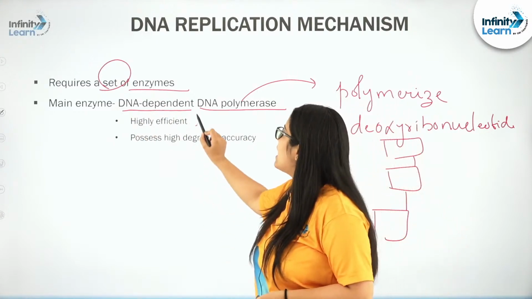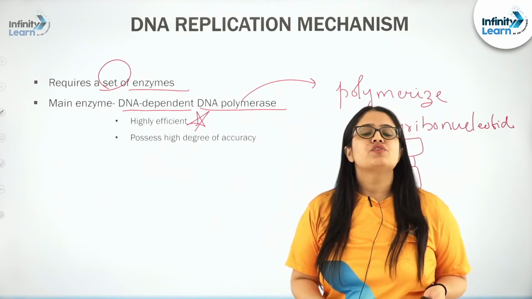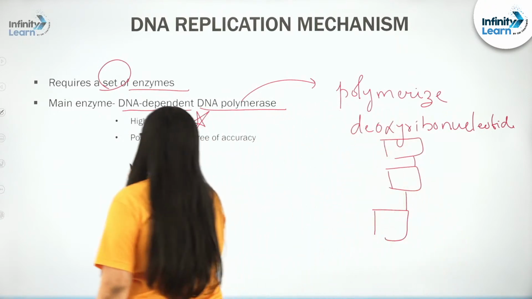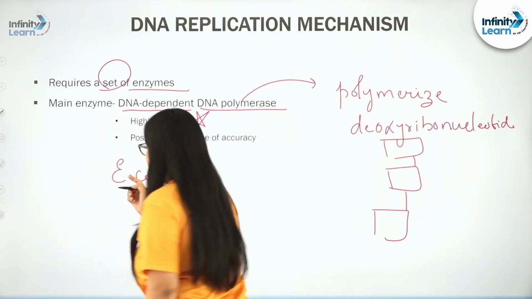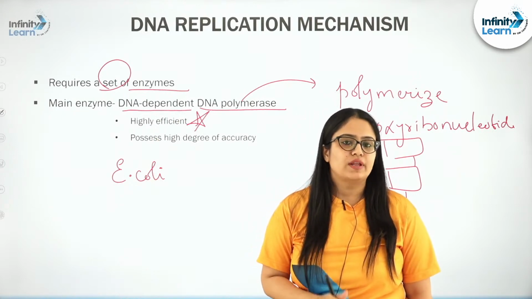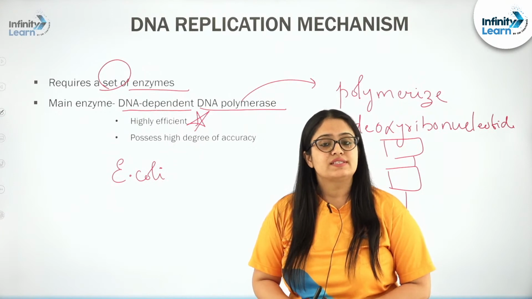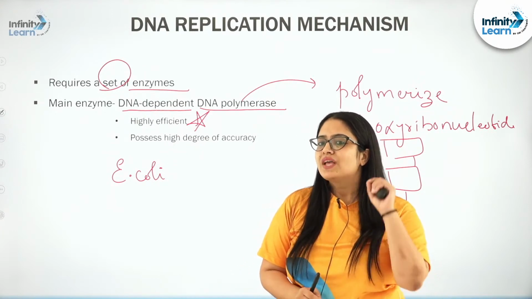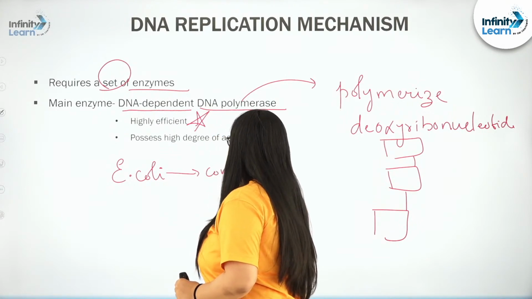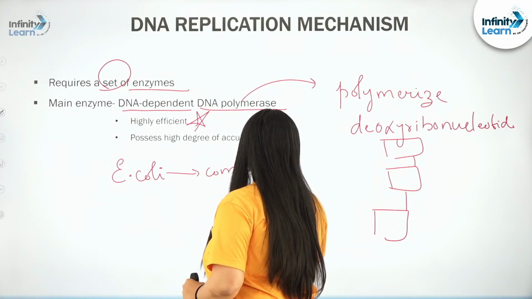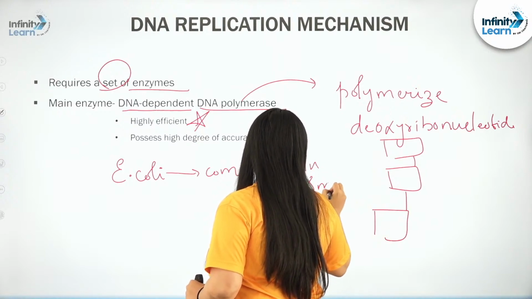First, it is highly efficient, right? I can give you an example. If we consider an organism known as E. coli, this example is given in your NCERT as well. The replication process inside E. coli gets completed in 18 minutes.